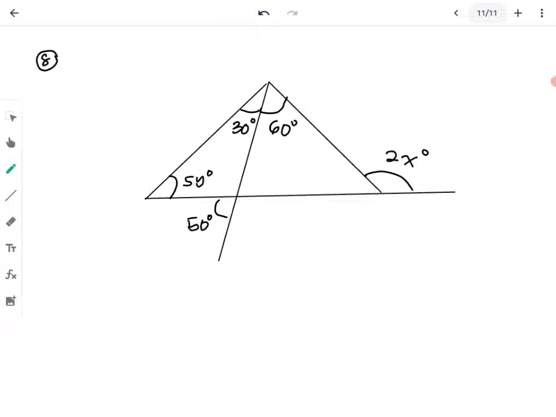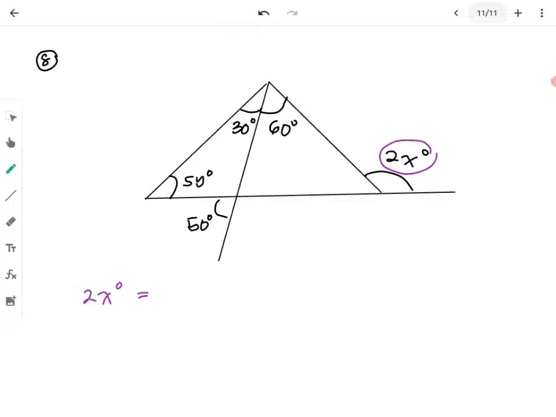Last figure. Let's try to solve first the 2x degrees. Which equation can we form with the 2x? Remember, 2x is an exterior angle. So we say 2x degrees, and its opposite interior angles are these. Look at this.